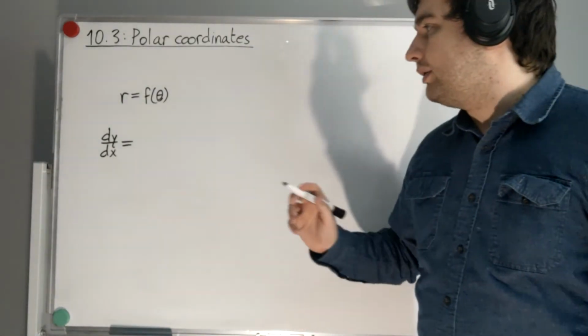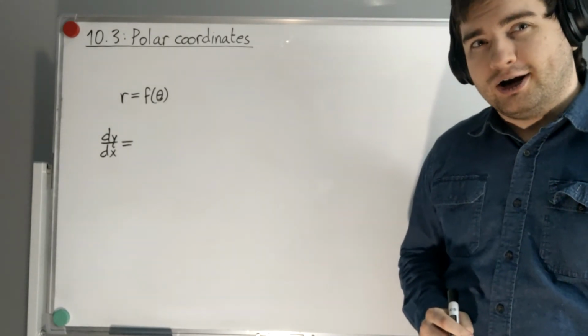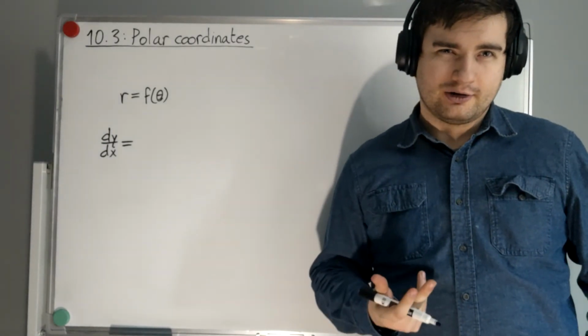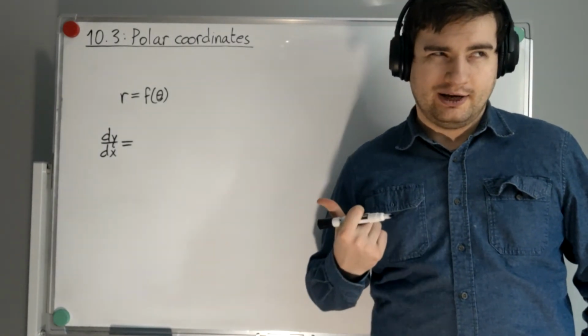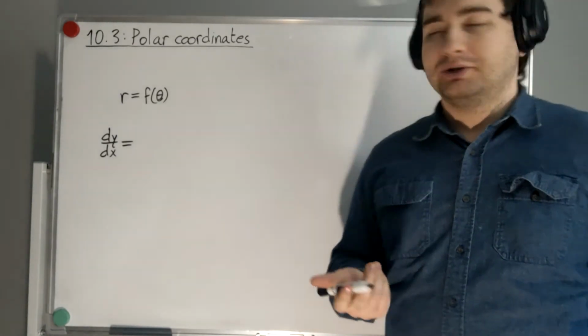So, in our case, y is r sine theta, and x is r cosine theta. So we can use that information to figure out what this would be.